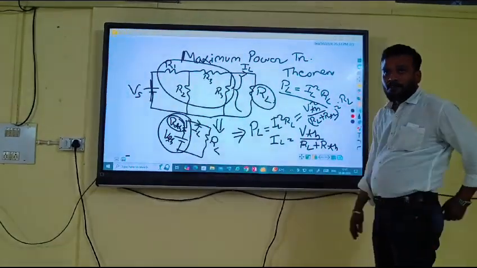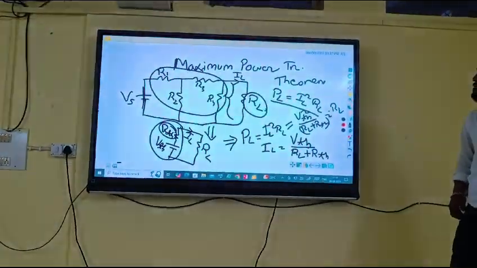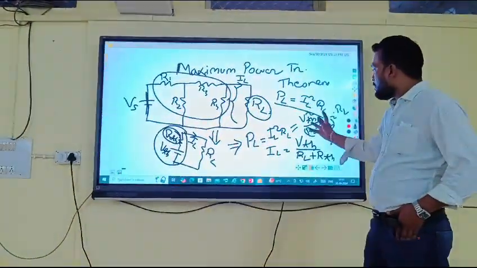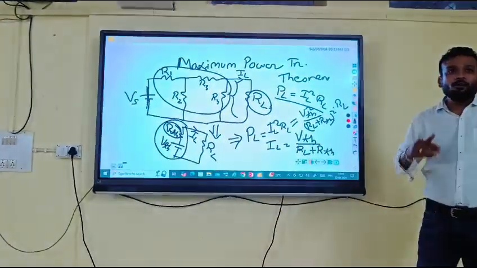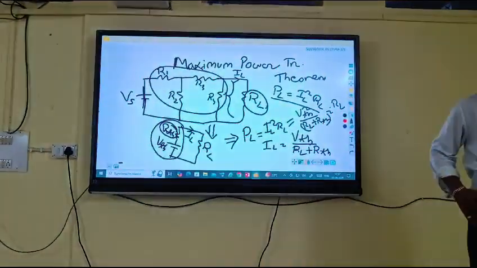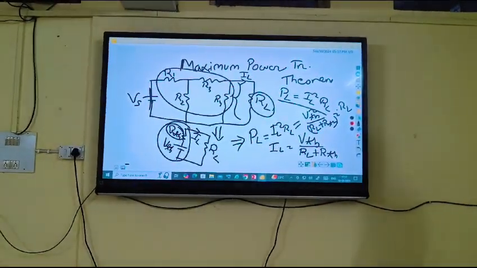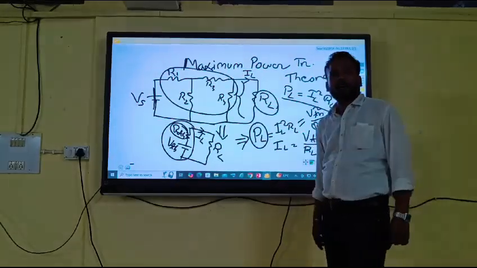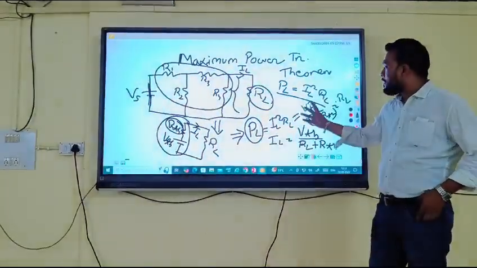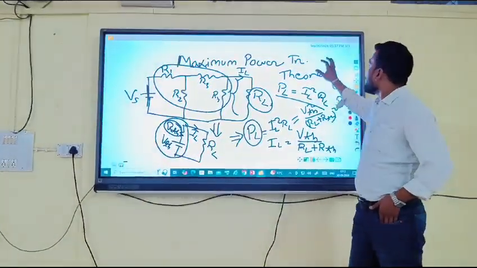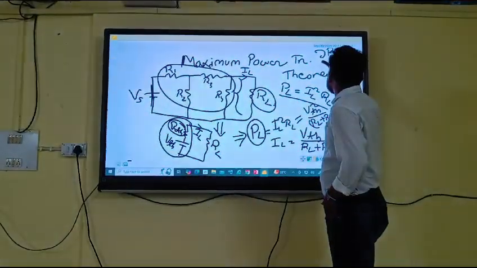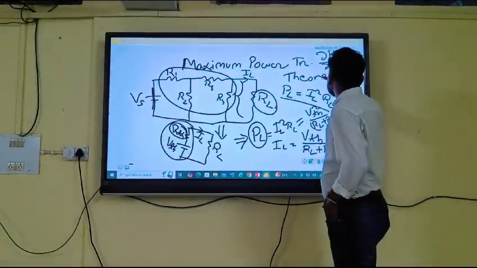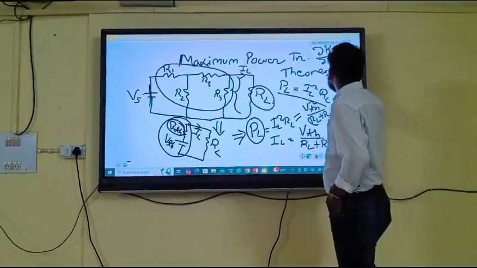Then for any value to be at its peak, that is for a maximum or minimum value, the differentiation of the value with respect to the variable will be 0. That is, dPL by dRL should be equal to 0.